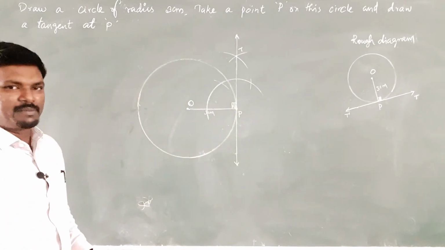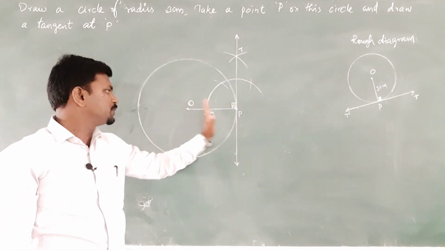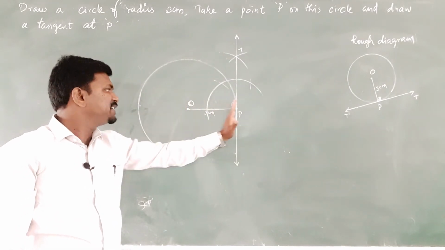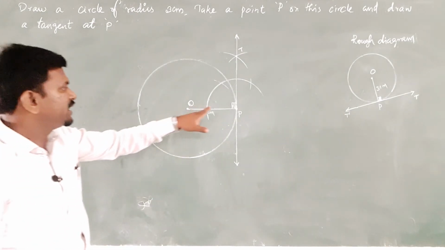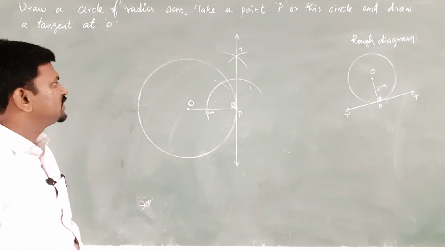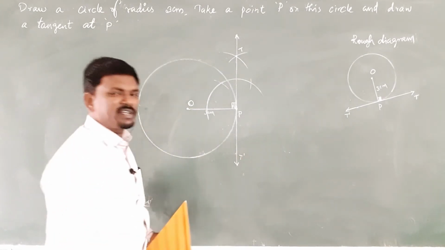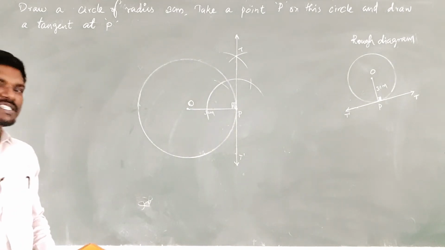This angle must be 90. It will be perpendicular to the radius. The tangent will be perpendicular to the radius at that particular point. So that's all, very simple. That is T. If you want to give name, you can write it as T dash, as according to the rough diagram. A very simple diagram.